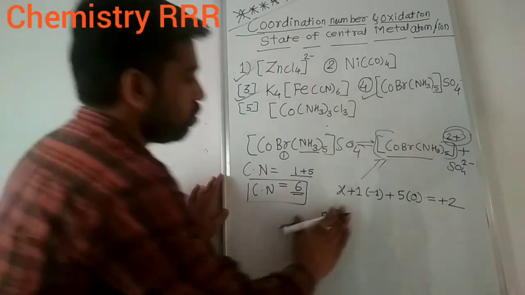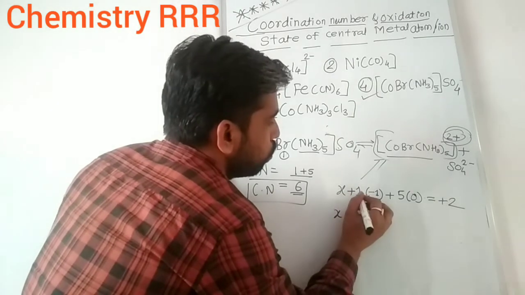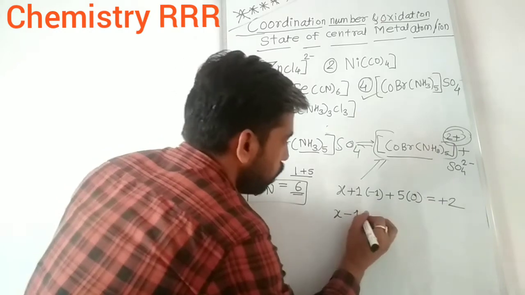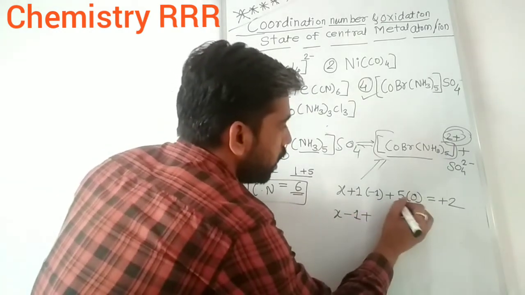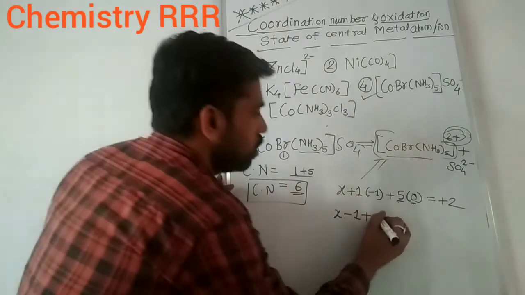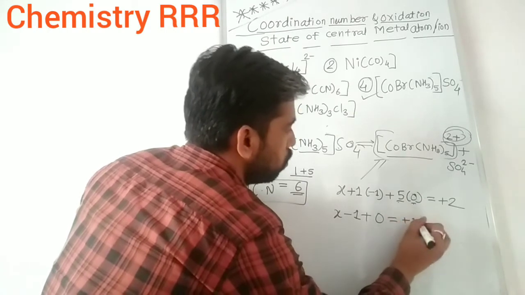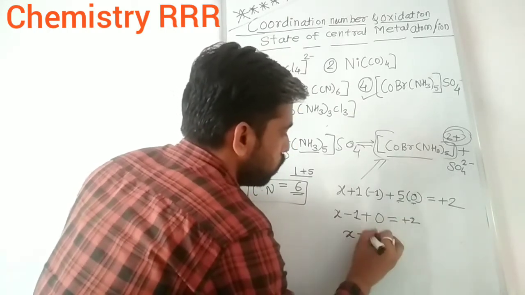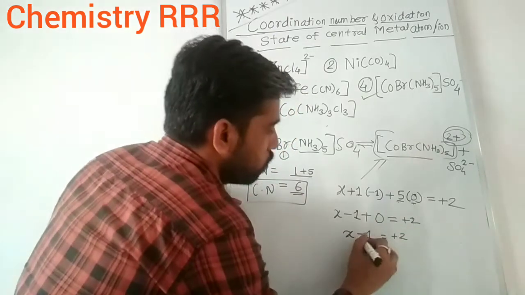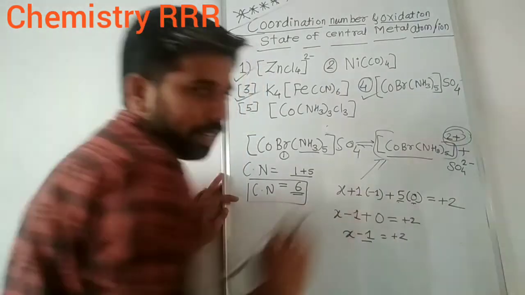Now let's solve. X plus 1 into -1, it's a -1. Simple math. Plus 5 into 0, anything into 0 becomes 0, which is equal to +2. X minus 1 is equal to +2. Let's transfer this -1 to the other side, from left to right.